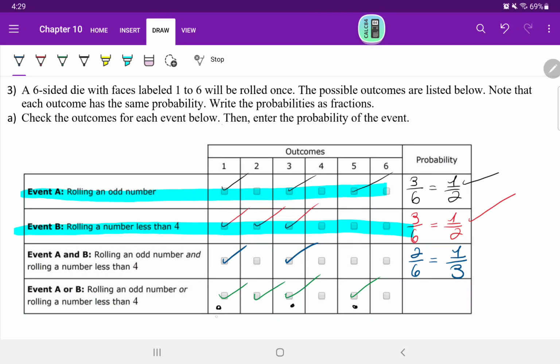But 1 has already been selected, so do not select it again. 2 is a number that is less than 4. 3 is also a number less than 4, but it was selected in the first round, so do not select it again. That is 4 possibilities out of 6. So the probability of selecting an odd number or the numbers less than 4 is 4 out of 6, which is reduced to 2/3.